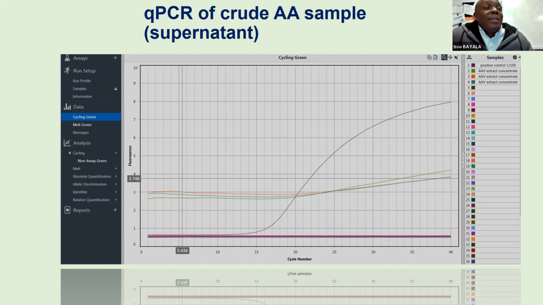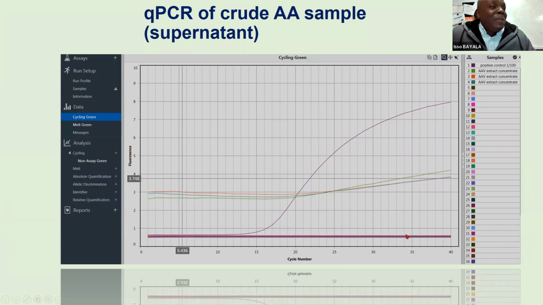You should have one baseline for the samples and the control. But here the samples have a baseline that is higher than the baseline of the control. And that was probably due to impurities, because the SYBR Green binds to other DNA molecules. If they are double-stranded DNA molecules, the SYBR Green binds and can give you a fluorescent detection. So that's probably what happened here.